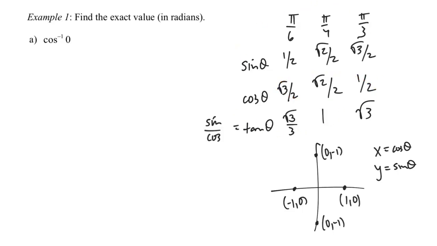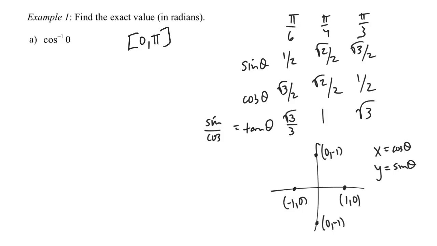What we're going to use now is this down here, and we're looking for when does the cosine equal 0. Well, cosine is the x-coordinate, and so the x-coordinate is 0 at pi over 2 and at 3 pi over 2. But it cannot be both answers, or otherwise it would not be a function. And so what that means is that we have to remember the range restrictions on cosine inverse, which is going to be 0 to pi.